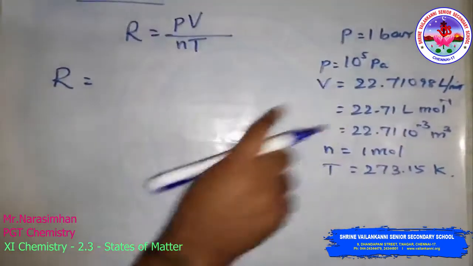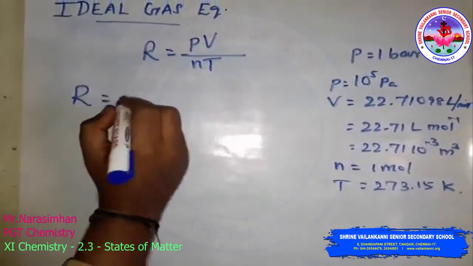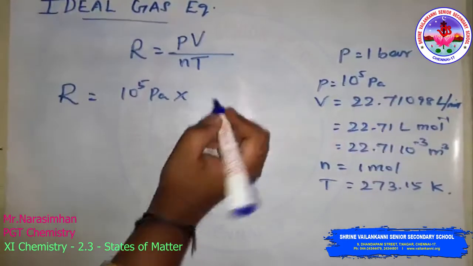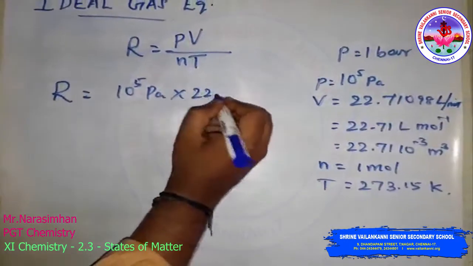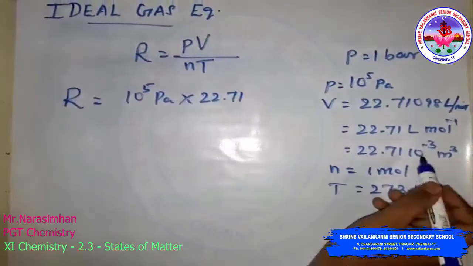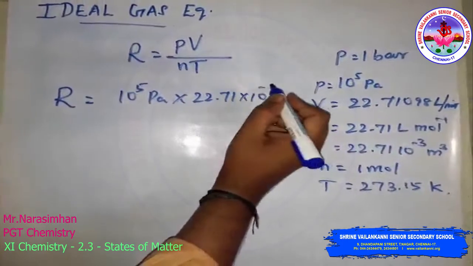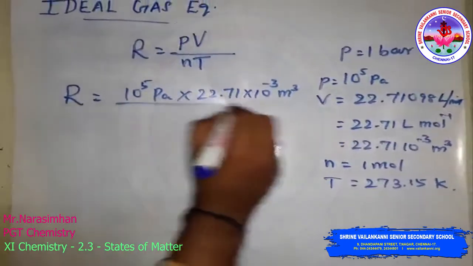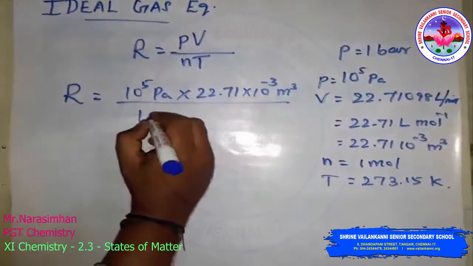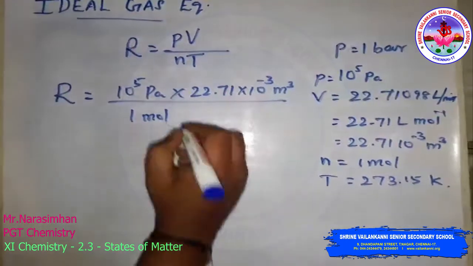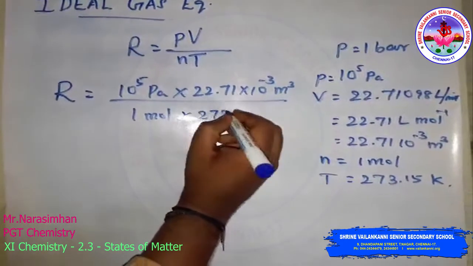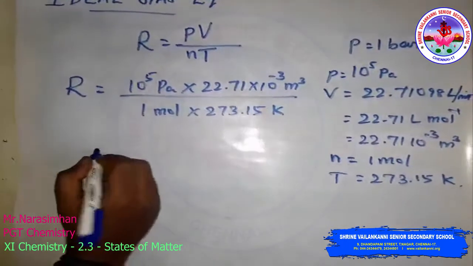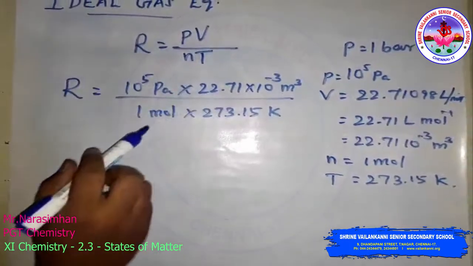We have to apply these values in this formula. The pressure is 10 power 5 Pascal, and the volume is 22.71 into 10 power minus 3 meter cube, divided by n, the number of moles, which is 1 mole, and the temperature is 273.15 Kelvin. We can simplify with the help of log tables.